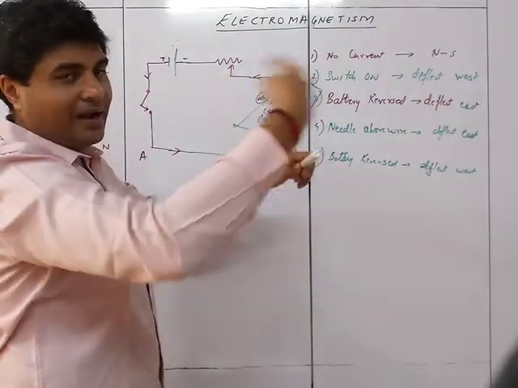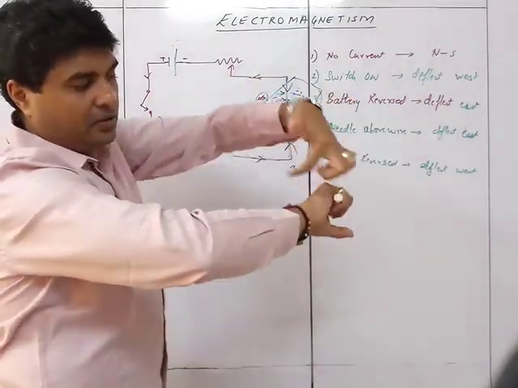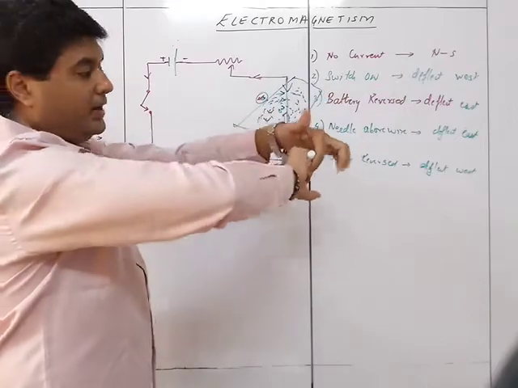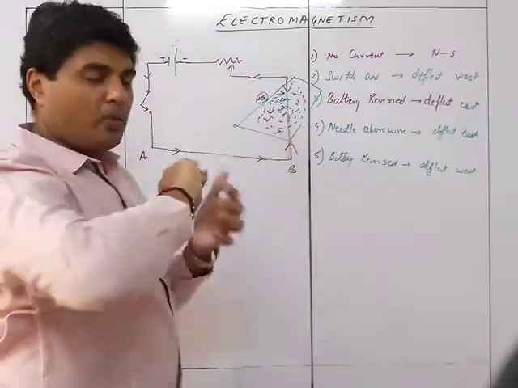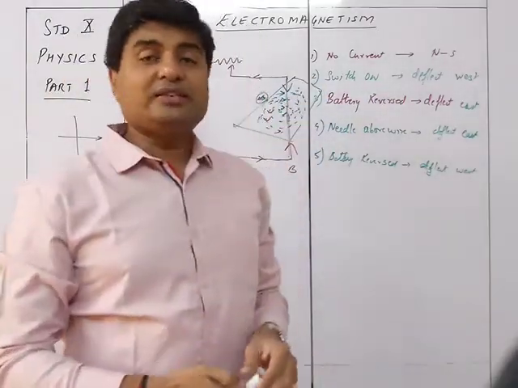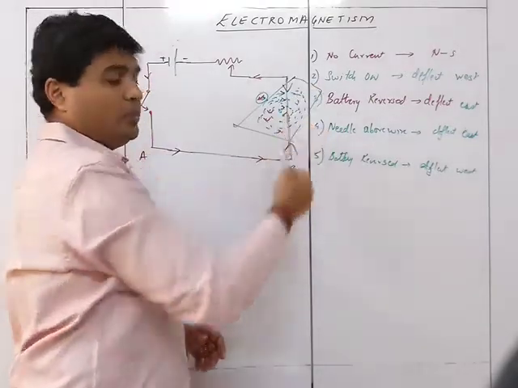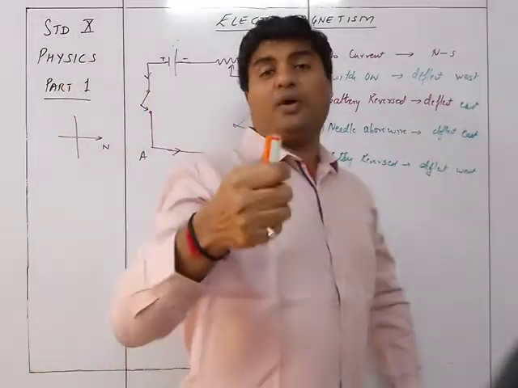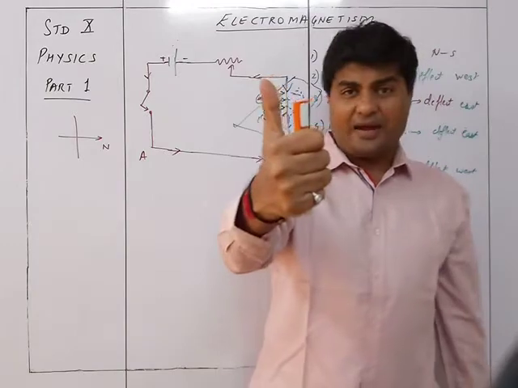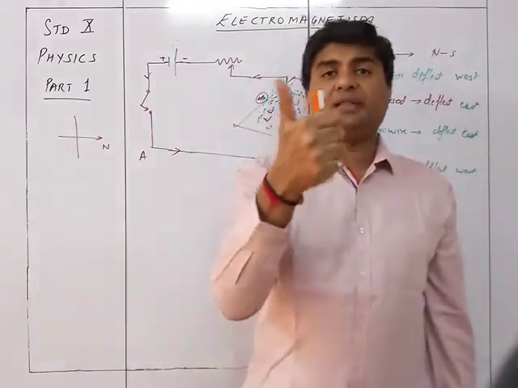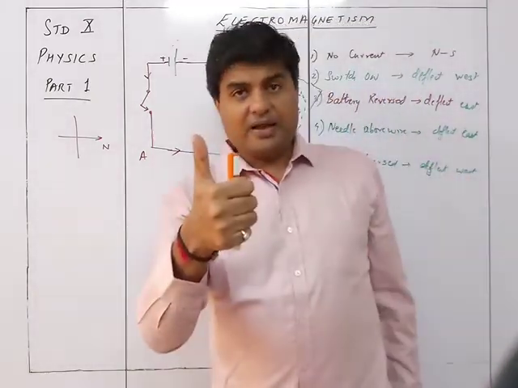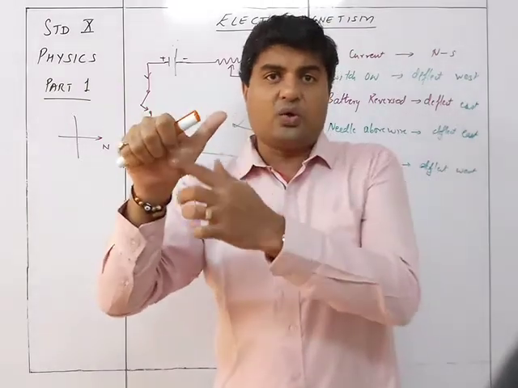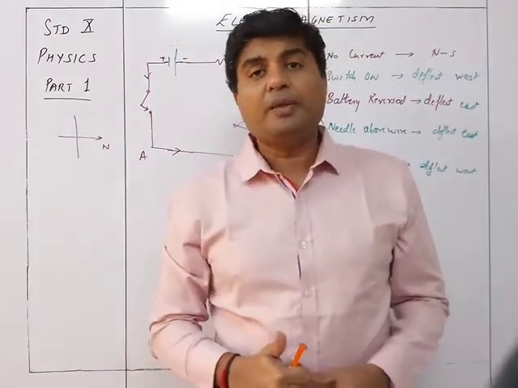So here it is coming in clockwise direction. So that's how we can see that if I hold the current carrying conductor in my right hand such that my thumb is pointing in the direction of the current, then the curved fingers are going to give me the direction of the magnetic field.